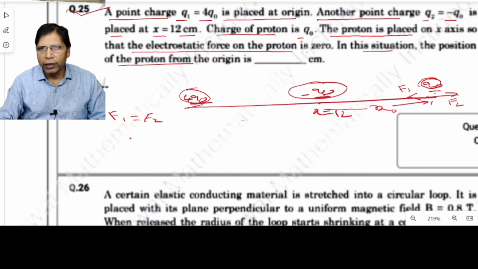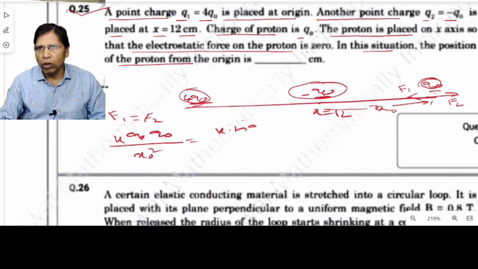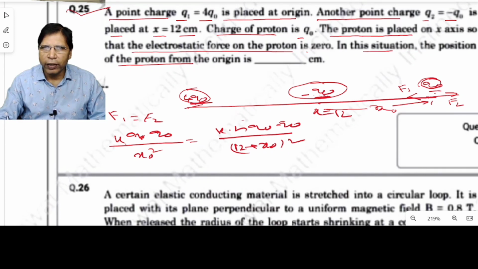So F1 is k into q naught into q naught divided by x naught square. This equals k into 4q naught into q naught divided by (12 plus x naught) whole square. Now q naught cancels out, k cancels out.